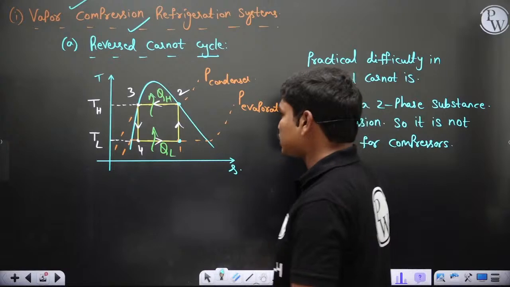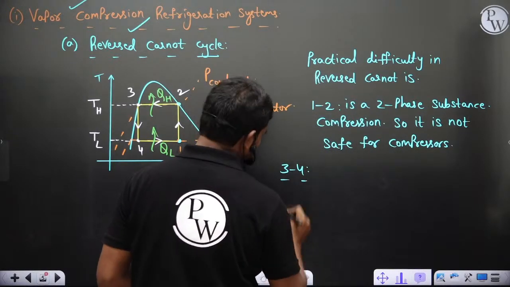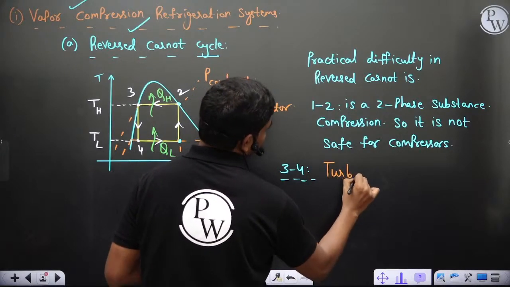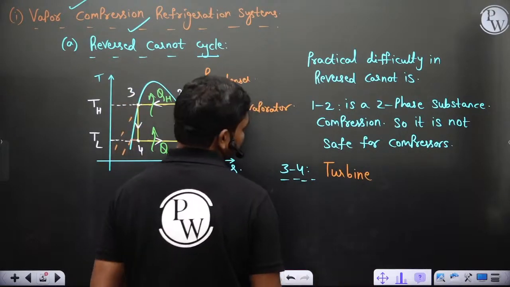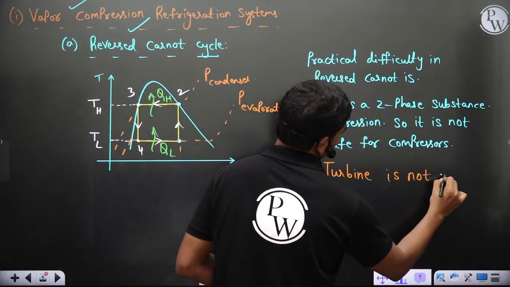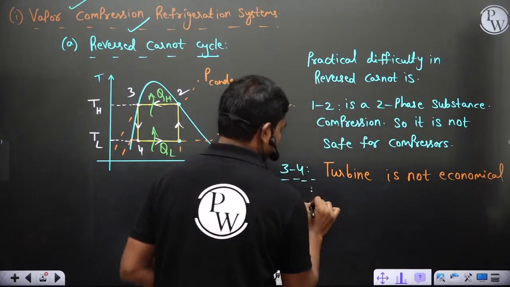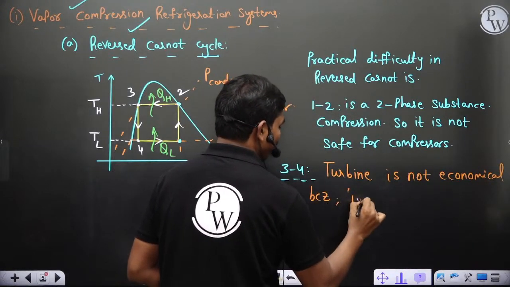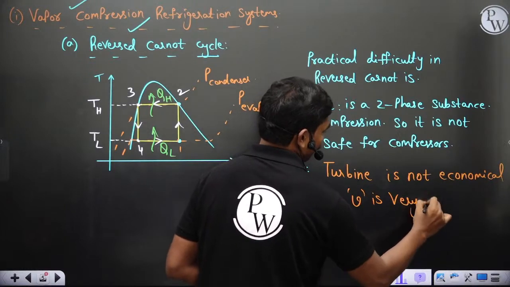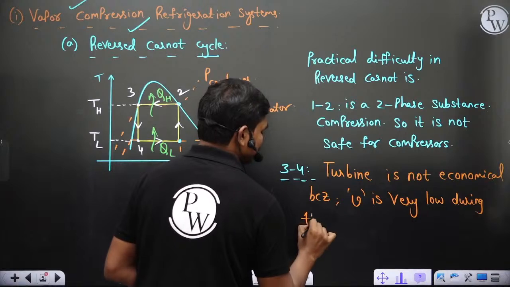Okay, and also you can see 3 to 4 for expansion. If you use a turbine, because you have to bring down the pressure from 3 to 4, a turbine is not economical because specific volume is very low during the process 3 to 4.